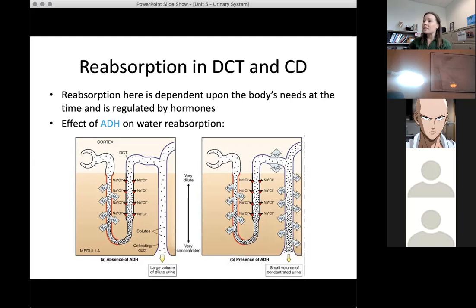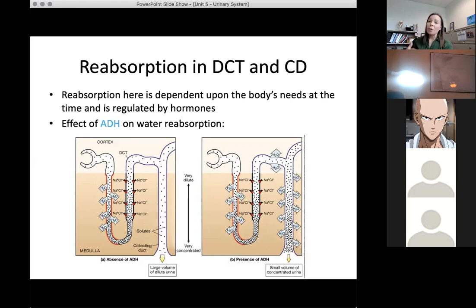When they get released, let's do aldosterone first. When aldosterone is released, it increases the reabsorption of sodium and then water as well, because remember, water follows sodium. So aldosterone increases the reabsorption of sodium and water.